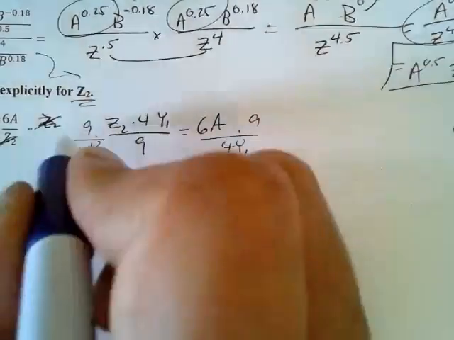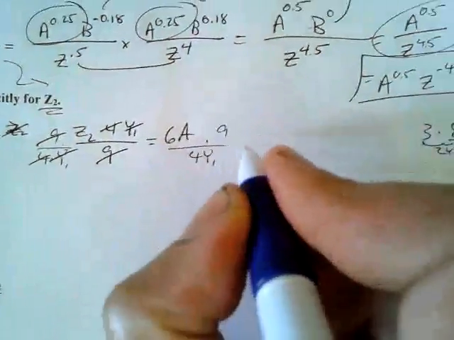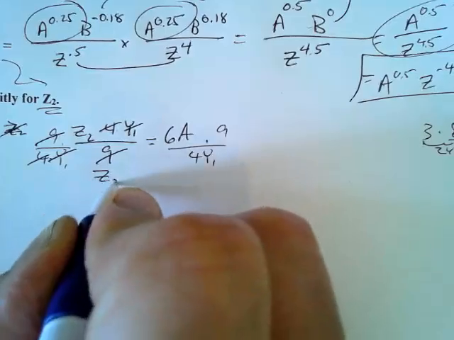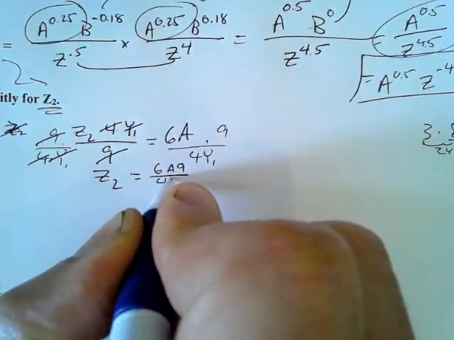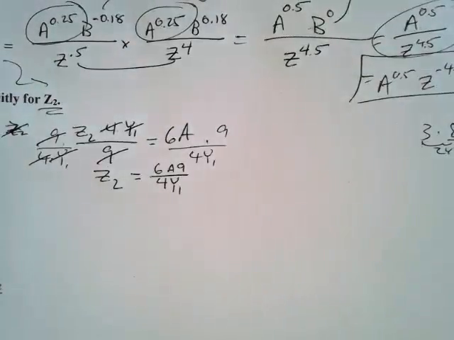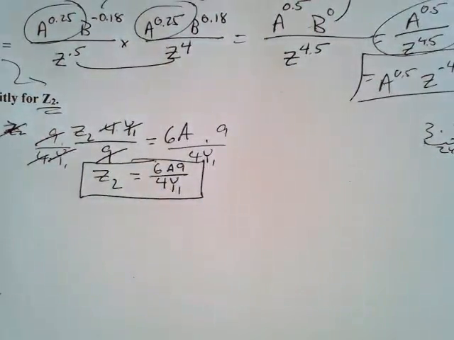So now we can simplify: the 4s, the Ys, the 9s cancel, and this side just becomes Z2 is equal to 6 times A times 9 over 4Y1. So this would be the simplification of that problem.